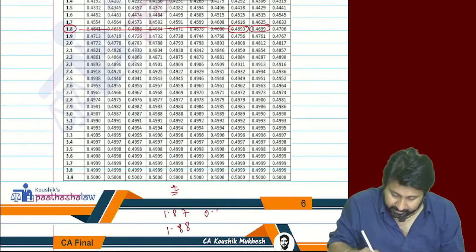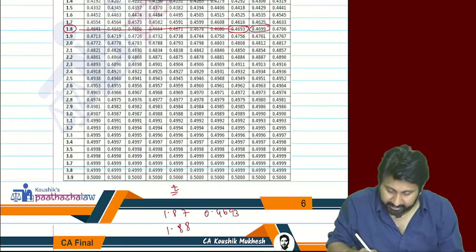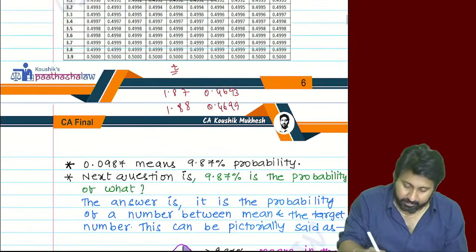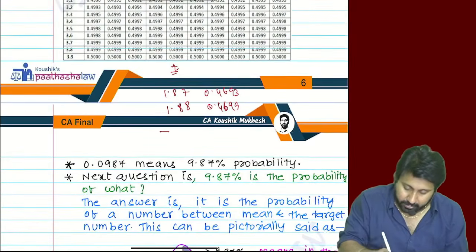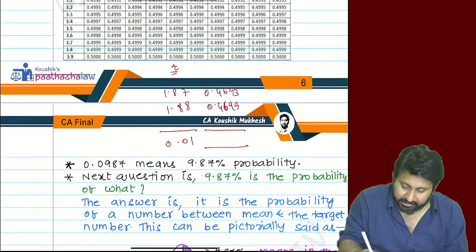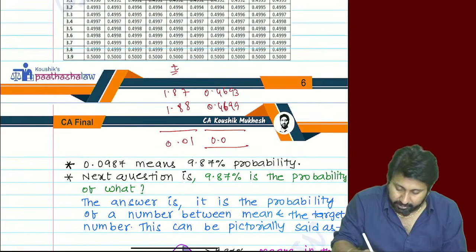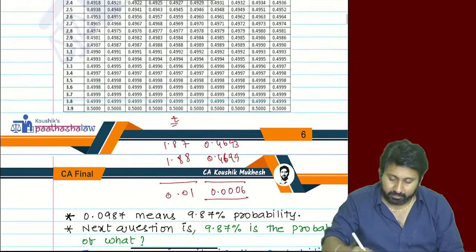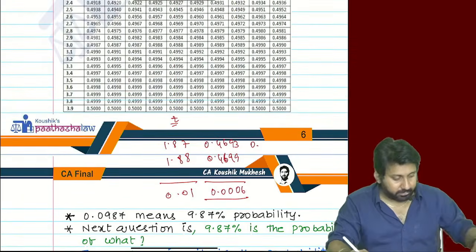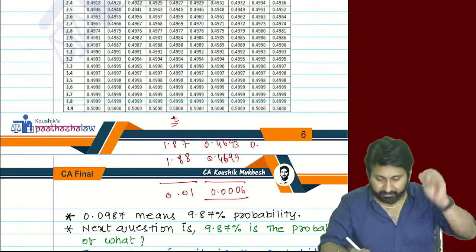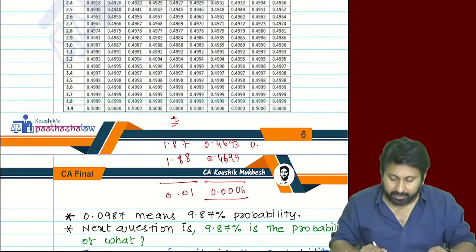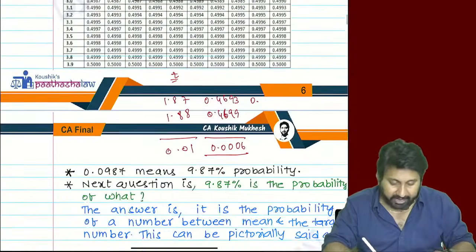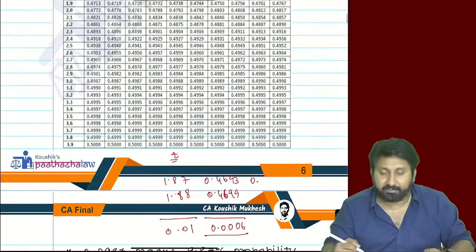At 1.87 it is 0.4693, at 1.88 it is 0.4699. For a 0.01 change, it is 0.0006. We want the 1.87 value and the 1.88 value.